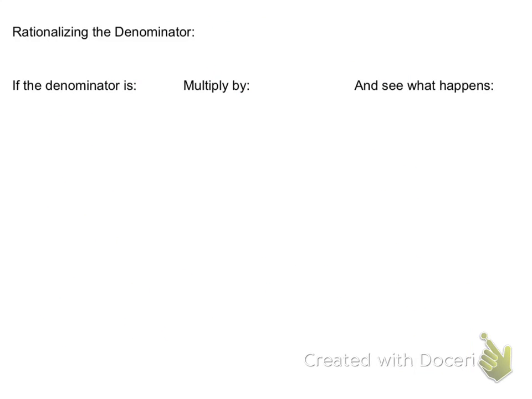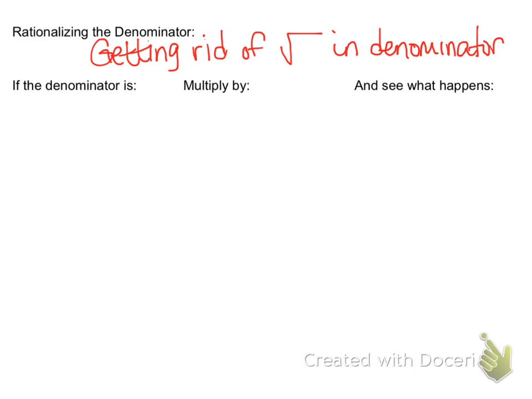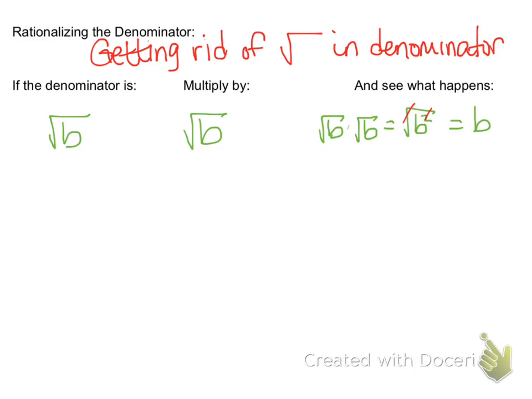Now another thing that we need to be able to do is rationalize the denominator, and what rationalizing the denominator means is getting rid of the radical in the denominator. So there are three ways that this might occur. First of all, if you just had the square root of a number in the denominator, if I multiply it by itself, top and bottom, so I'm multiplying by 1, then you would get the square root of b squared, and of course the square root and the squaring undo each other, and so I would be left with b.